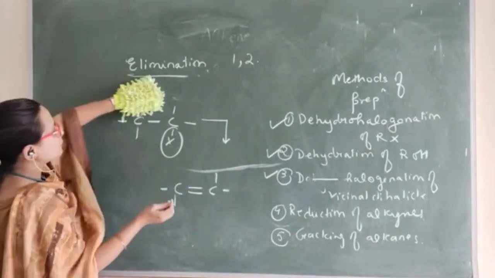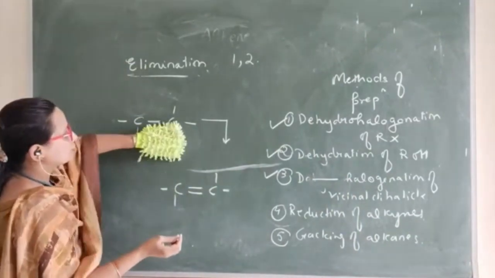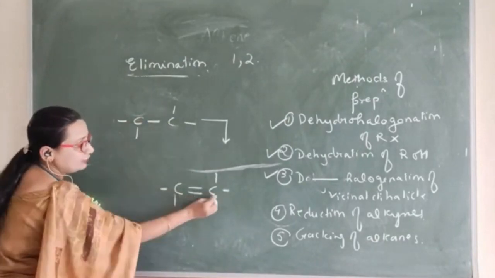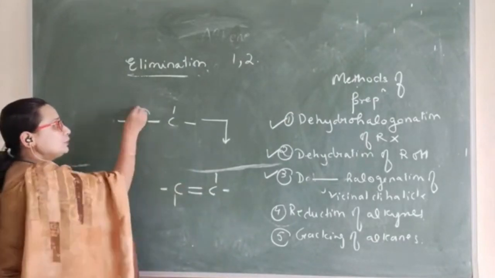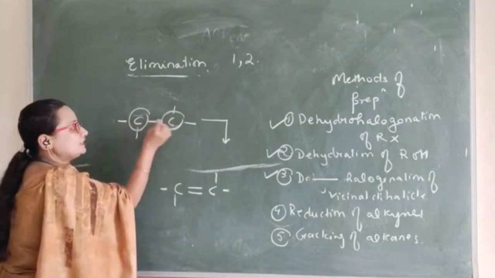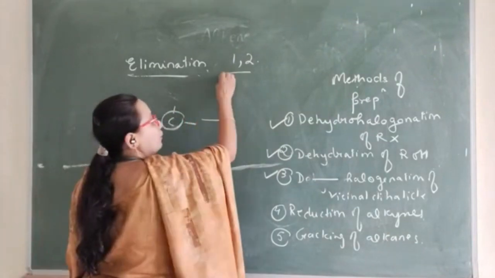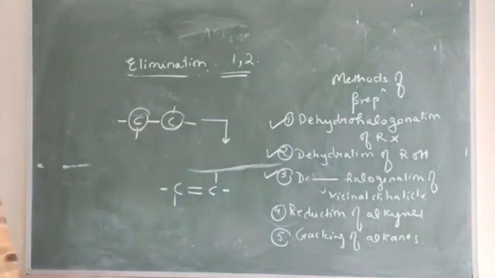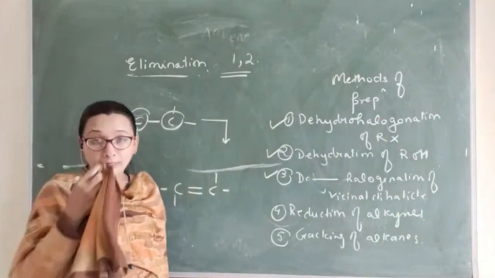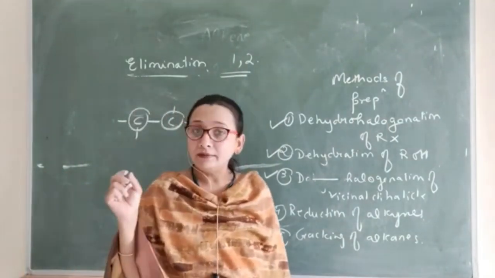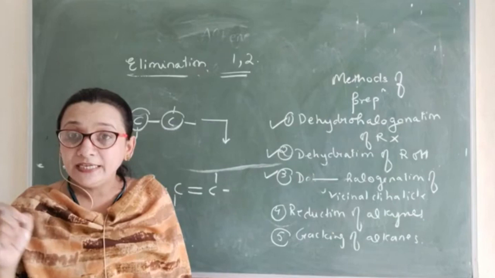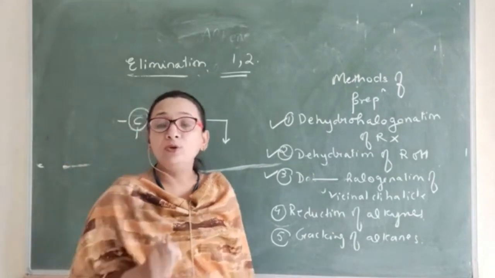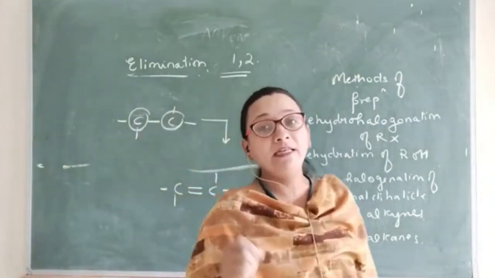because one group is going out from here, the other group is going out from here, and there is formation of a double bond. And because the groups are going from the adjacent carbons, it is called as 1-2 elimination. So this is called as the dehydrohalogenation of alkyl halide.